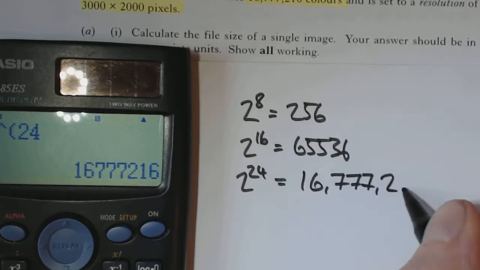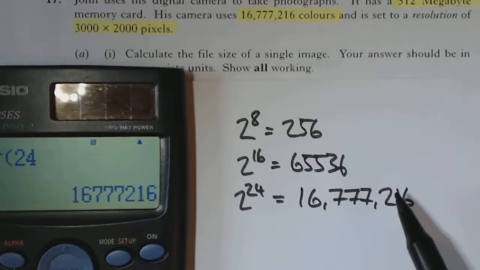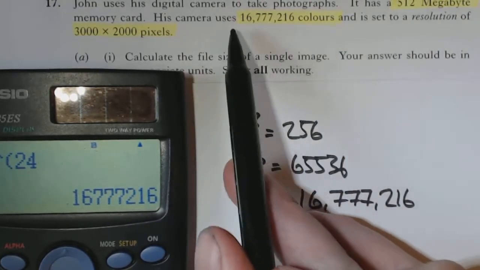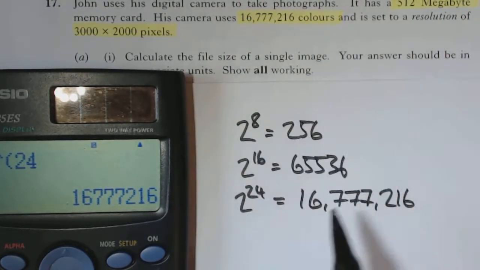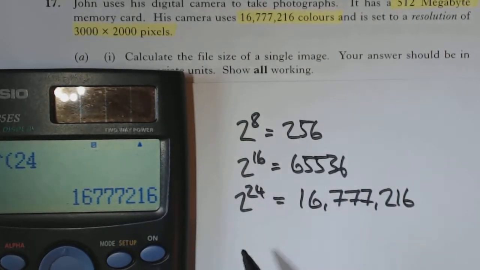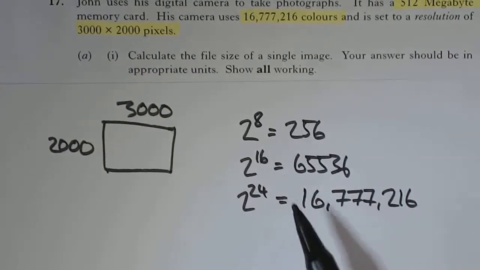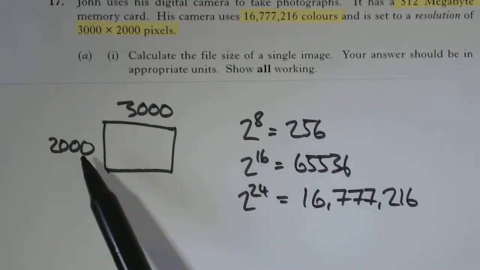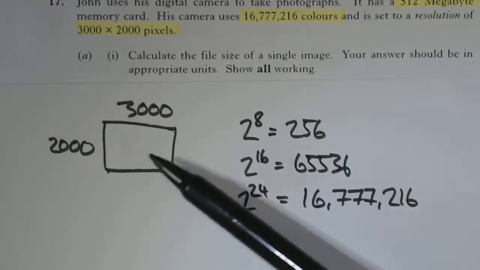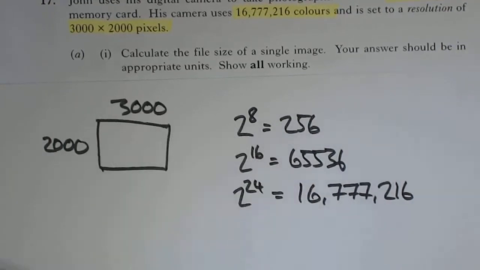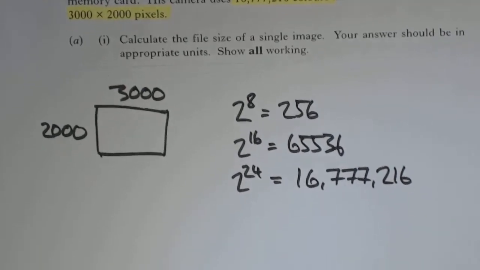Just reverse engineering it, that number of colours, you can get if you've got a colour depth of 24, and that's known as true colour. So we've now got all the information we need. To calculate the number of bits, you just work out the number of pixels and times it by the colour depth.